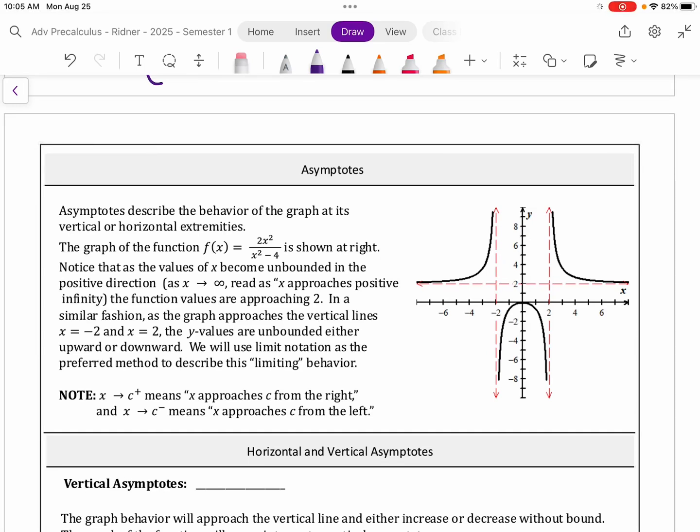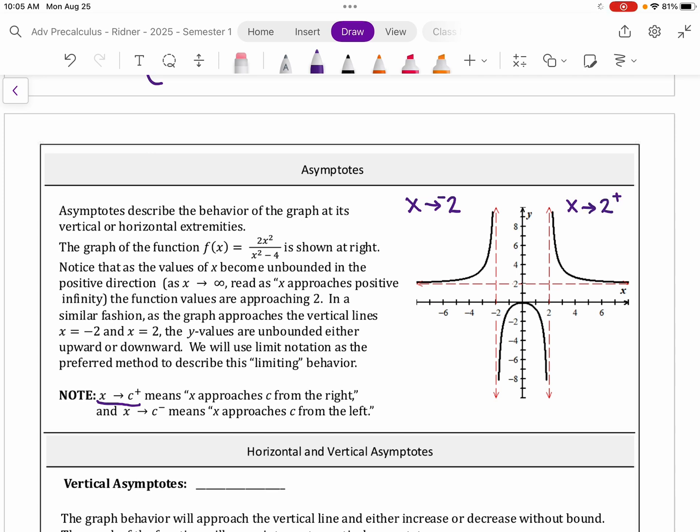All right, so let's talk a little more in detail about asymptotes and about these limits that we're talking about. So you're going to see notation that looks like this, and it means as x approaches from the right. So for instance, as x goes to 2, let's start on this side so that we can actually look at the right.